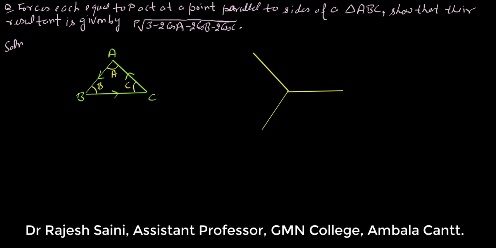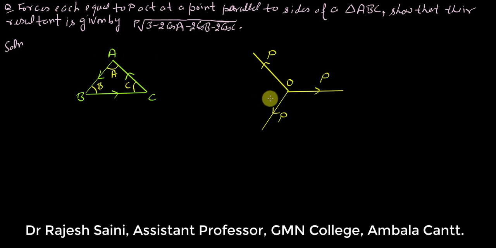These forces are acting in this direction because BC is in this direction, so this is acting parallel to it. CA is in this direction, so this is P acting over here. This is also P, this is also P.